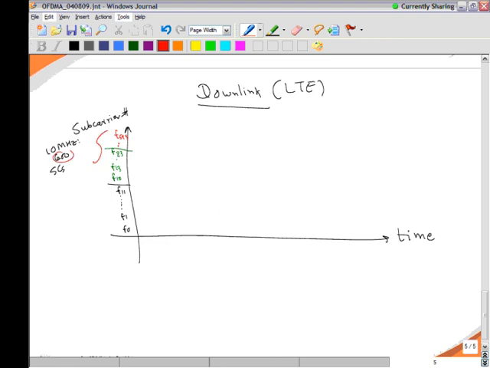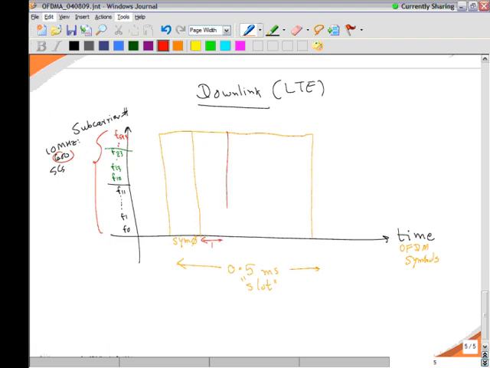That will give me a total of 600 subcarriers. Now I will draw this half millisecond interval, formally a slot. This is my symbol number 0. This is an OFDMA symbol. Symbol number 0, symbol 1, etc.